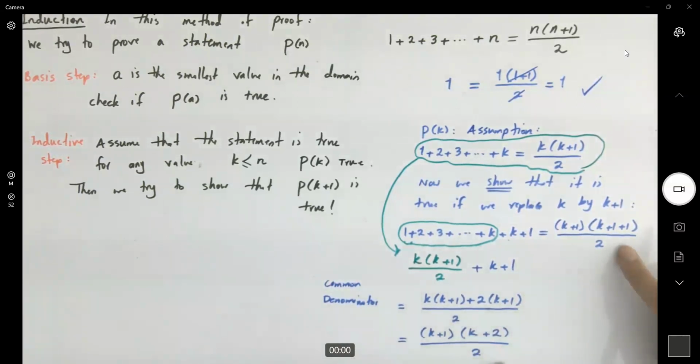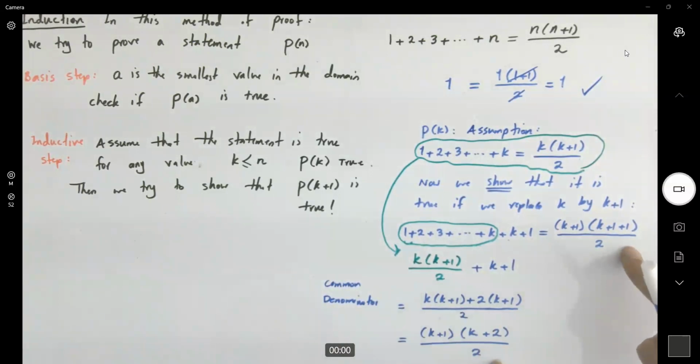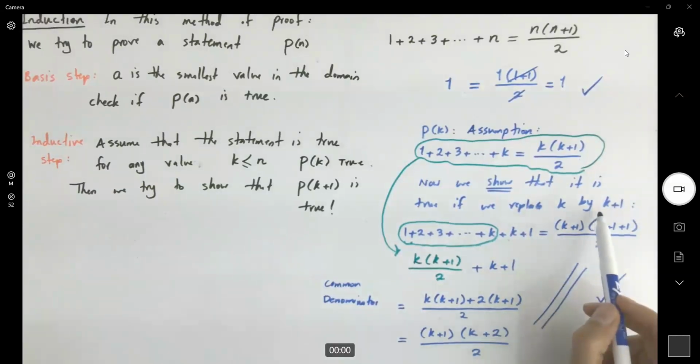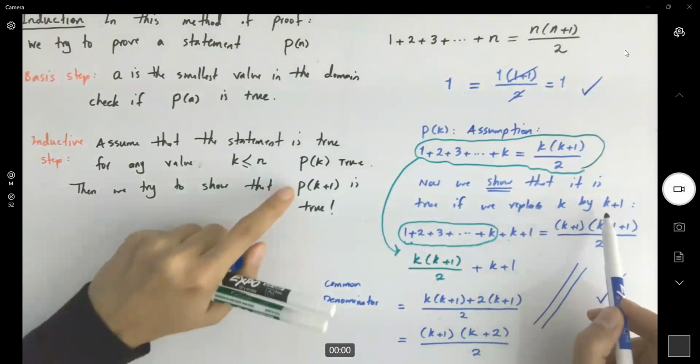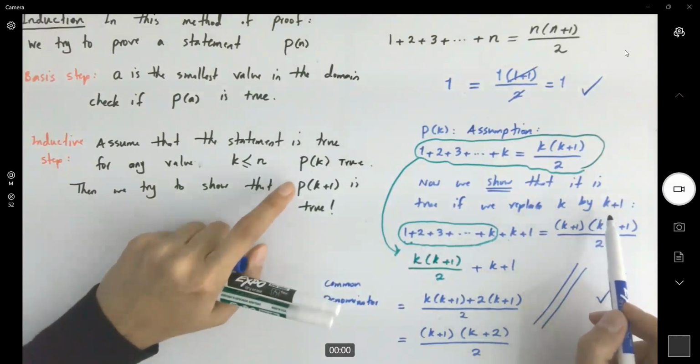Now compare these two fractions here. Are they equal to each other? Yes, I just showed that left-hand side and right-hand side are equal to each other. It means that I just showed that P of k plus 1 is also true.